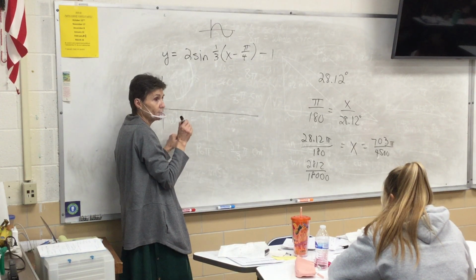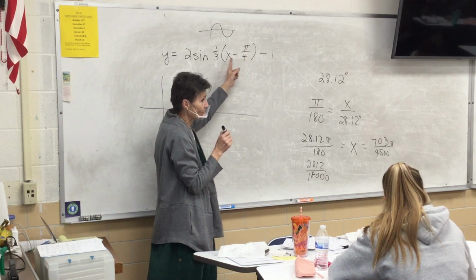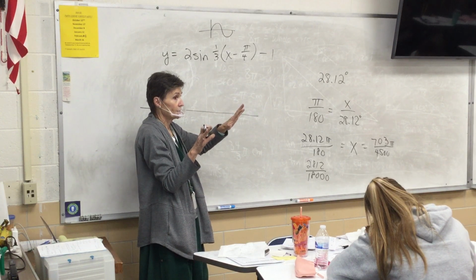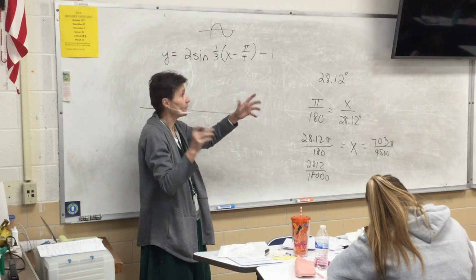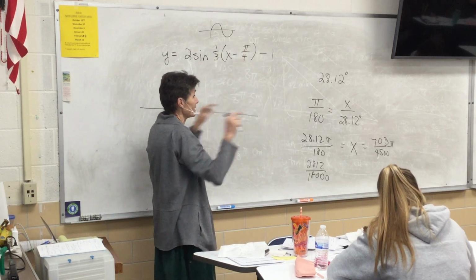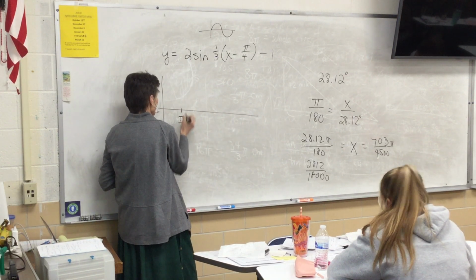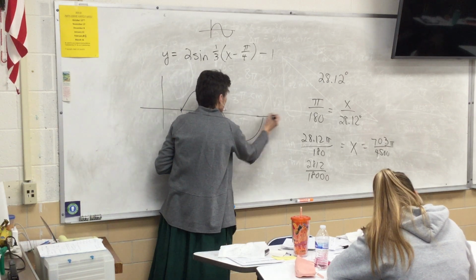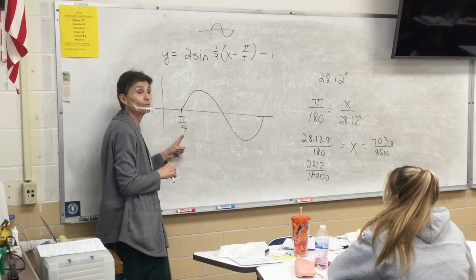That's a sine shape. But because of this right here, remember, adds and subtracts move you. If you got an add or subtract in your equation, you've moved somehow. Adding and subtracting in the parentheses moves me sideways. So this sine curve is a regular sine shape, but it's starting at pi over 4.